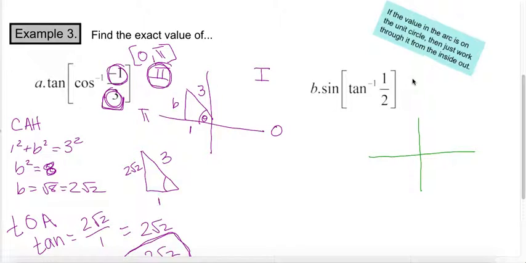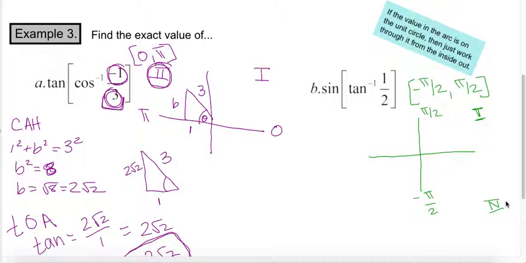And when we talk about tangent, we're actually talking about the domain being from negative pi over 2 to pi over 2. Okay, again, we needed to restrict our domain. That was from section 7.1. So we're looking from negative pi over 2 to pi over 2. And we know that negative pi over 2 is the same as 3 pi over 2. So our answer is going to come from either the first or the fourth quadrants.